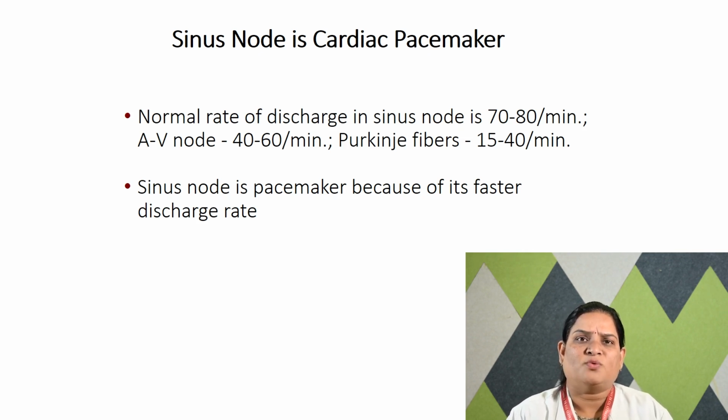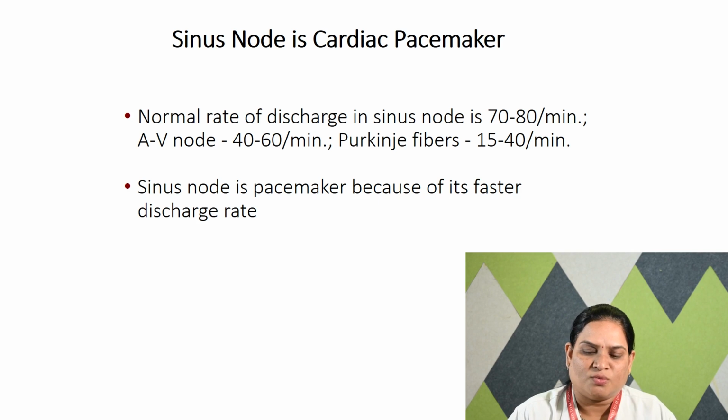Here the sinus node is the pacemaker because of its faster discharge rate. The discharge rate is higher from the SA node, and that's why it is called the pacemaker.